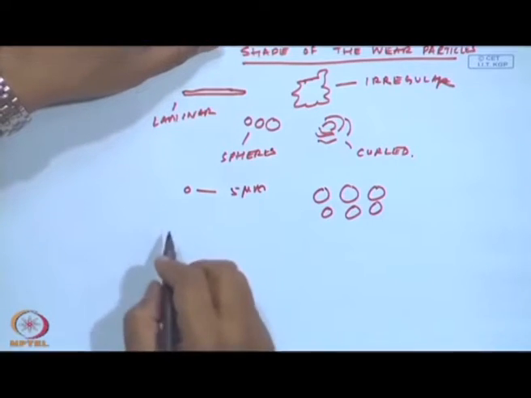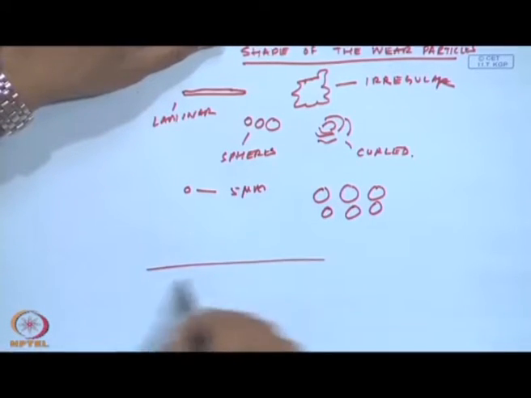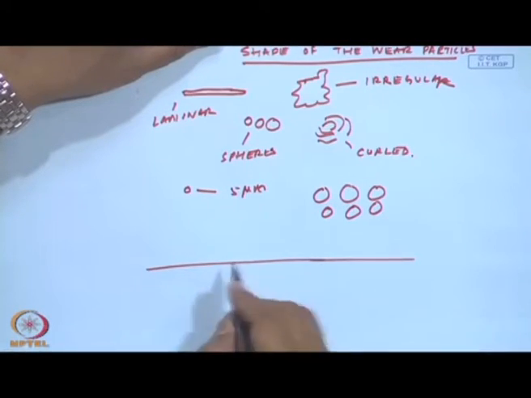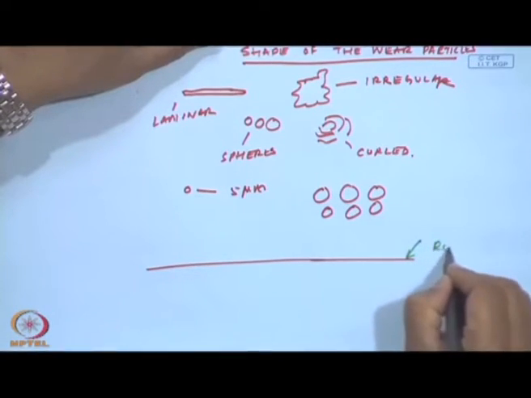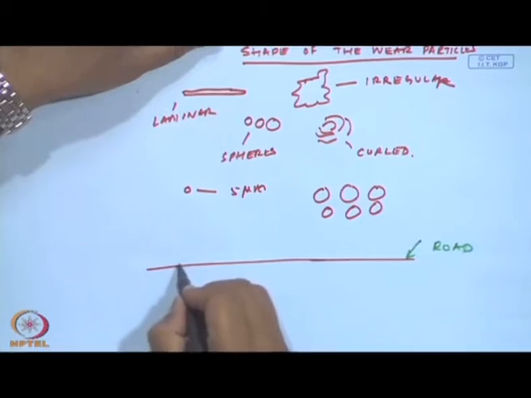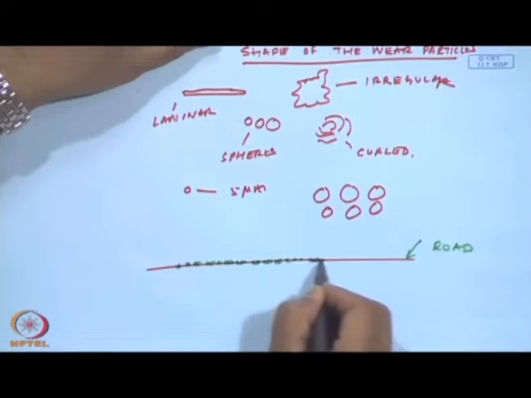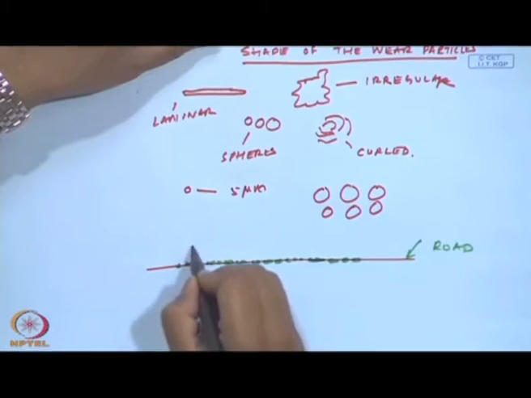A good example of this is, you have a fresh road, nicely metalled road, and then initially you have a lot of loose asphalt.